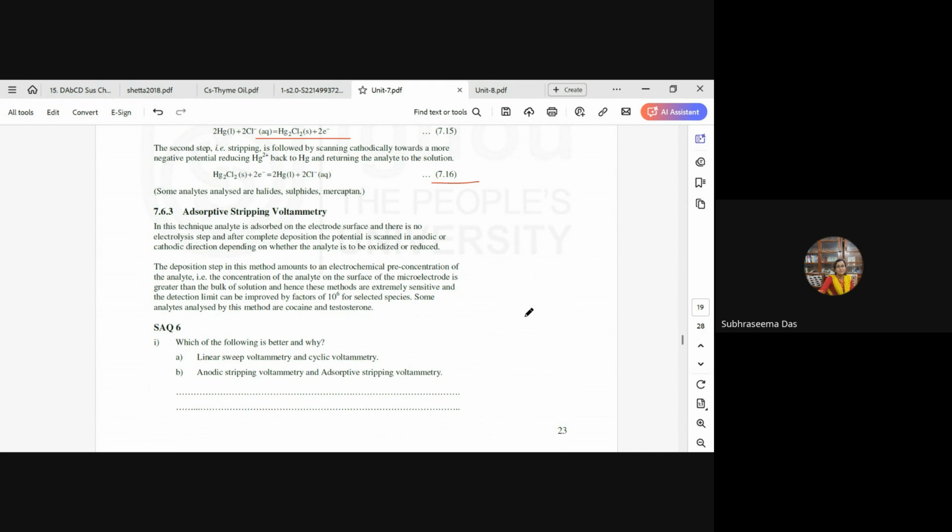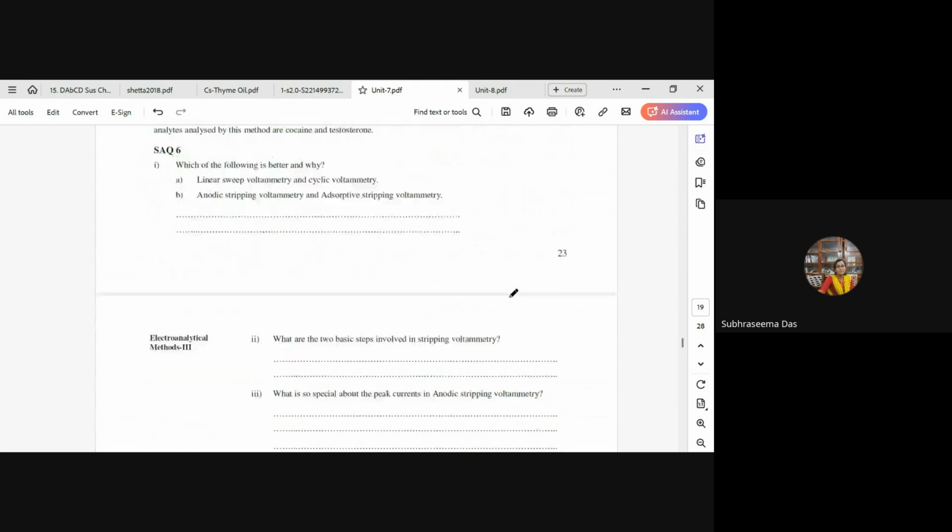The deposition step in this method amounts to an electrochemical pre-concentration of the analyte, that is, the concentration of the analyte on the surface of the microelectrode is greater than in the bulk of the solution, and hence these methods are extremely sensitive and the detection limit can be improved by factors of 10 to the power 6. One analyte that can be tested using this method is cocaine.